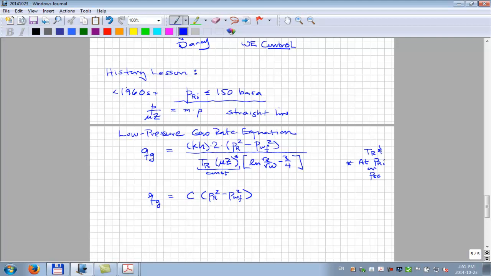And then, I think it was the late 60s, early 70s, it was Al-Hussein, Ramey, and I think Crawford, who generalized with the integral to higher pressure systems. They introduced this pseudo pressure generalization.